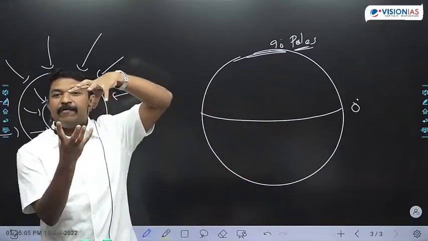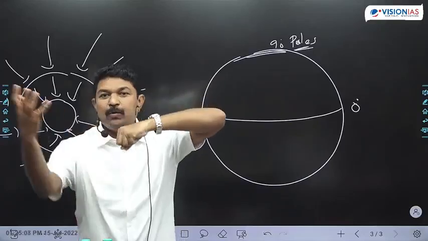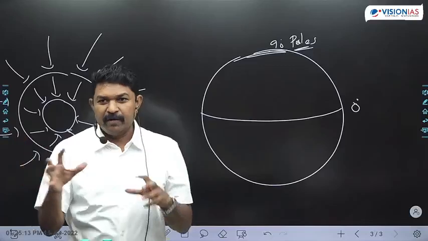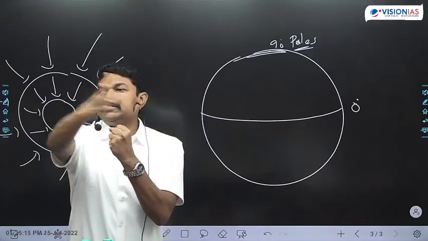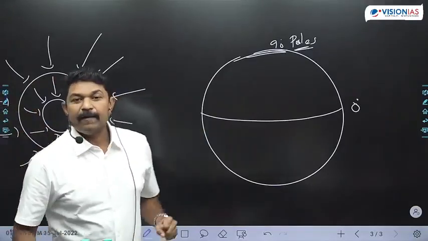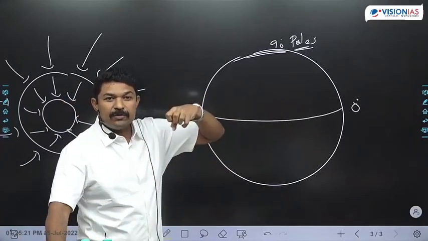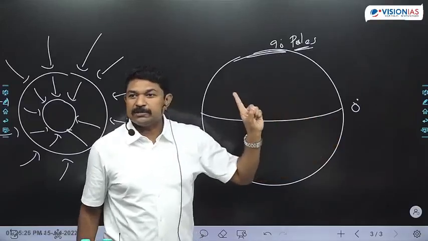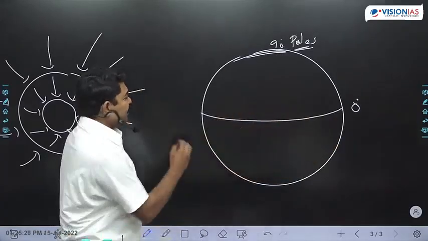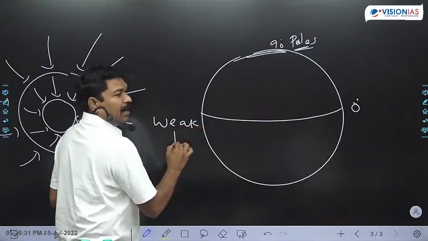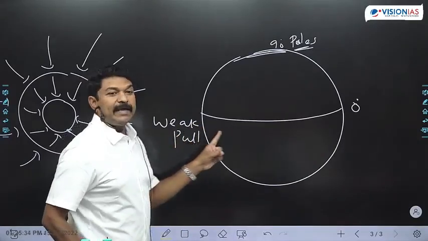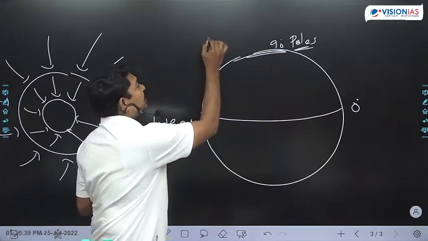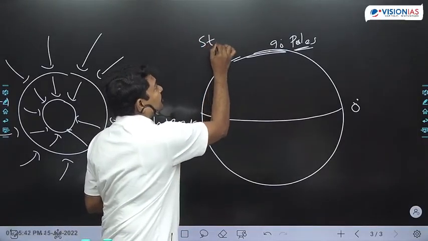From the center, whenever the force is pulling the material towards its center, the force should be equal everywhere. Got the point? But when you look at the gravitational force acting from the center along the equator and along the poles, the equatorial areas experience a weak pull, whereas the polar regions experience a strong pull.